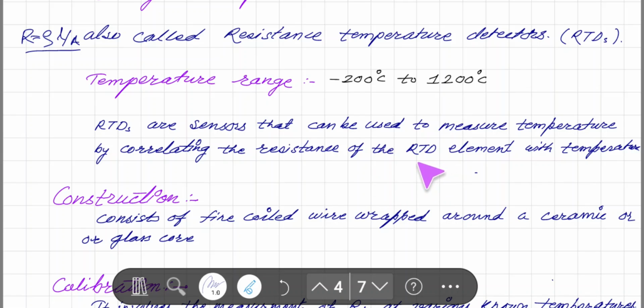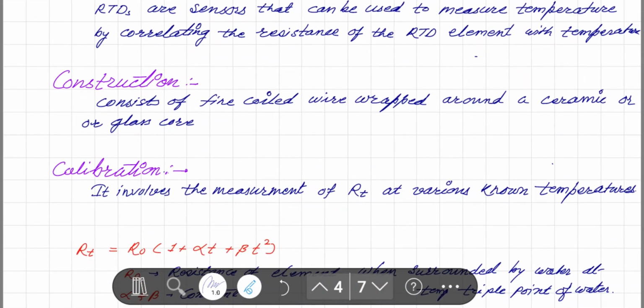And finally the calibration is important. The calibration of an instrument involves the measurement of RT, that is the resistance at temperature, at various known temperatures. During calibration the temperature is varied and the corresponding change in resistance is noted, and thereafter the device is calibrated, that is, at what temperature what is the resistance of that particular device.